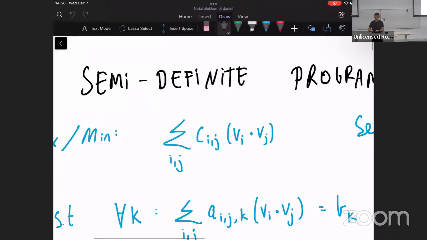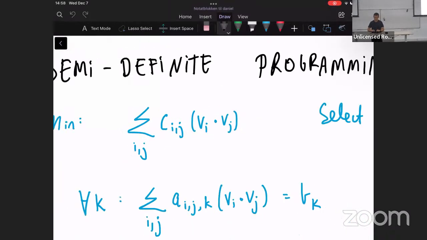Now, what are we going to be allowed to do? We want to optimize, so maximize or minimize, not a linear combination of our variables, because a linear combination of vectors is a vector. What does it mean to maximize a vector? We're going to maximize or minimize a linear combination of dot products of our vectors.